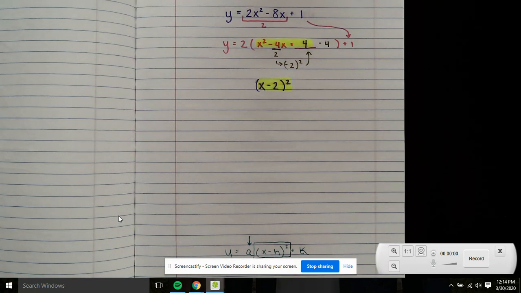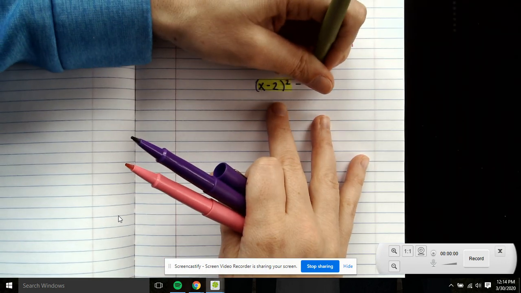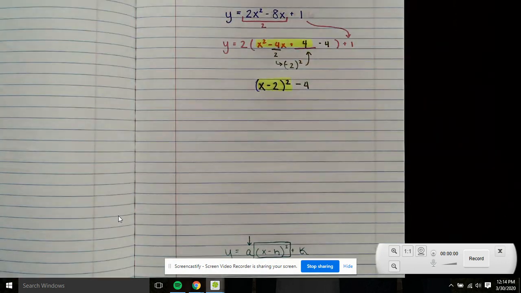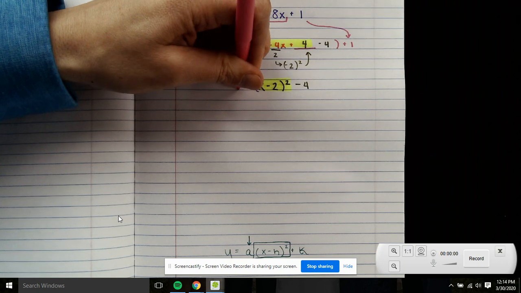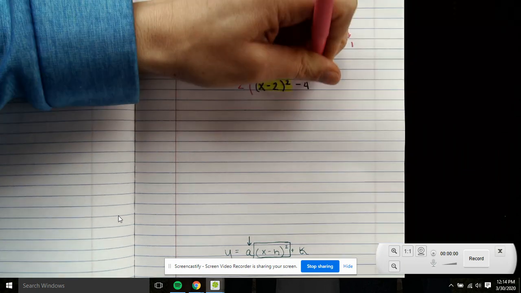That -4 off on the end doesn't really do anything to that, so I just have -4. And then this 2 didn't change, and neither did the plus 1.